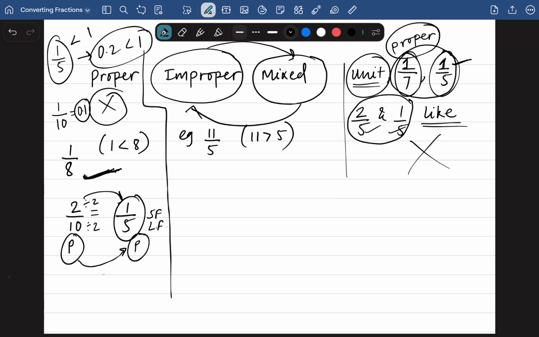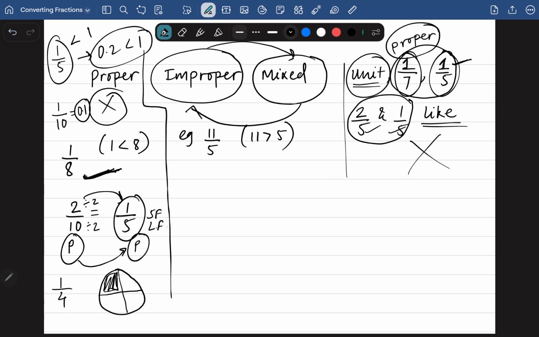So when we were dealing with proper fractions, let's say if I have a pizza and the fraction is 1/4. The denominator 4 represents how many equal parts the pizza has been cut into, and the numerator 1 represents how many parts are considered, or to say we have.